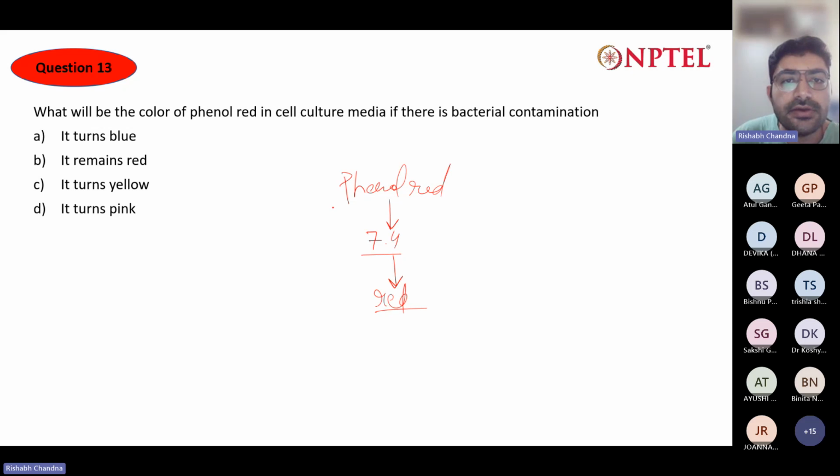And as we know, when the cell is metabolically active, it secretes certain compounds that make the media acidic. When the media becomes acidic, around pH 5 to 6, the culture will become yellow or orange.